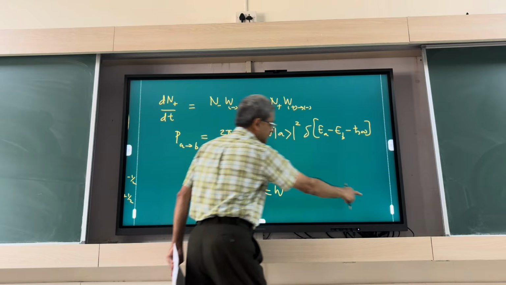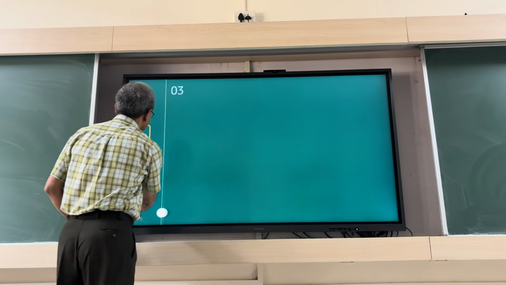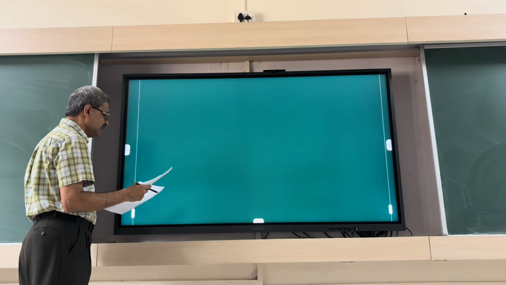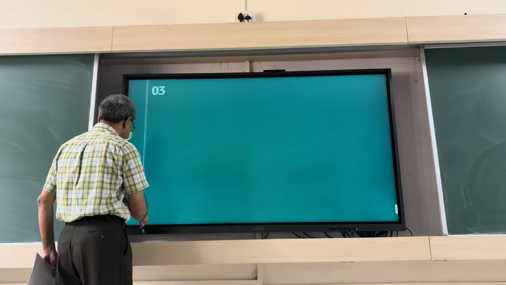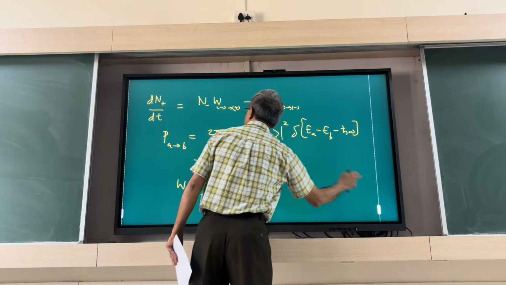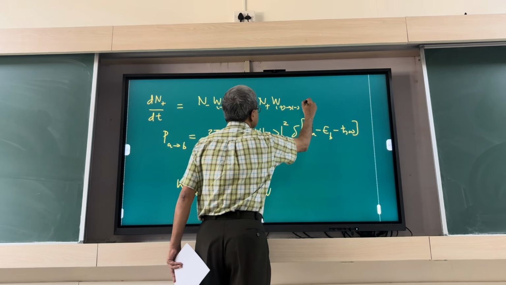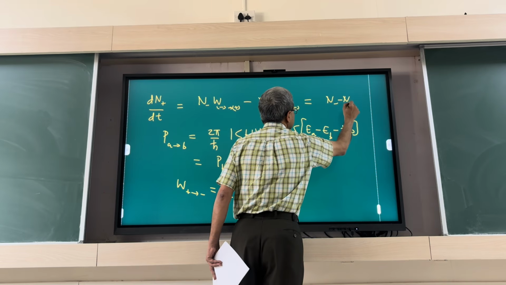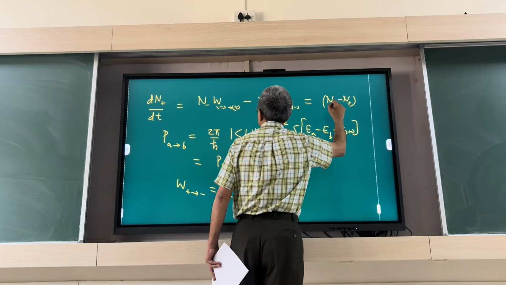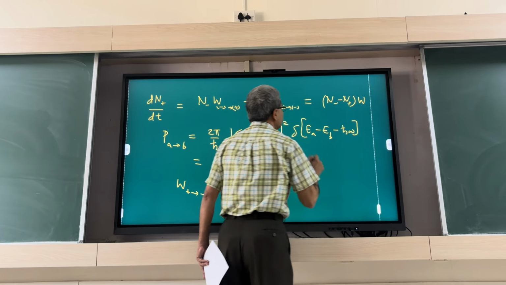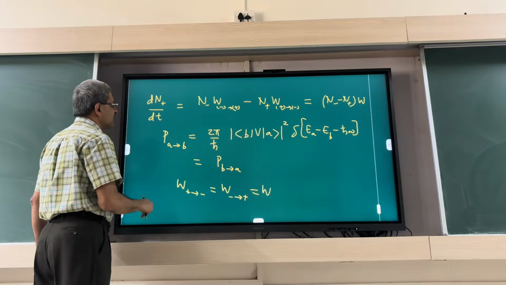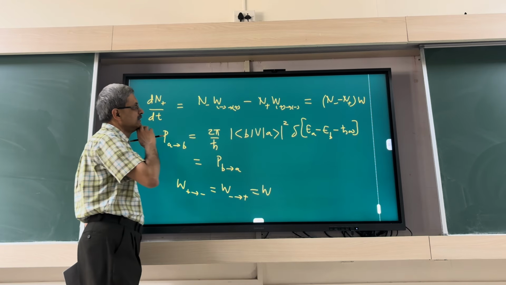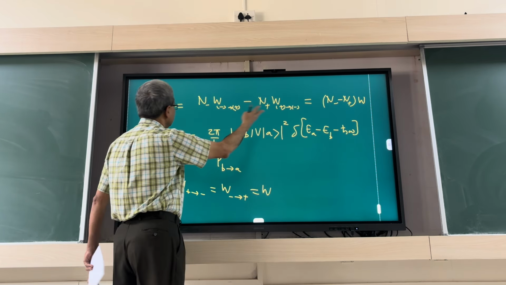Quickly, if you combine, you have dn plus by dt equal to W times (n minus minus n plus). Then you can write dn minus by dt in a similar manner, and it's very clear what to do.